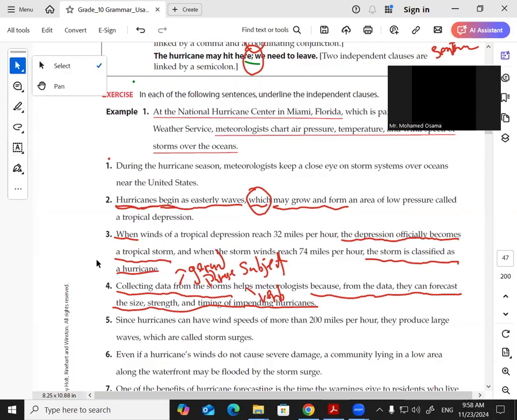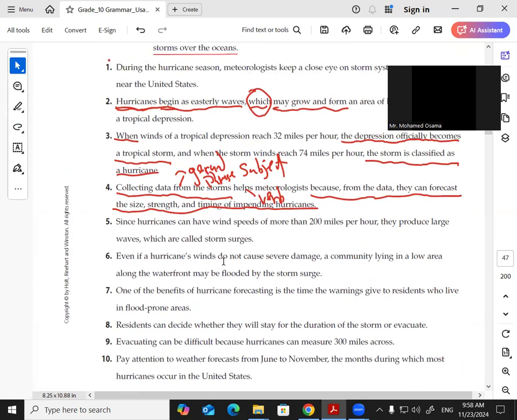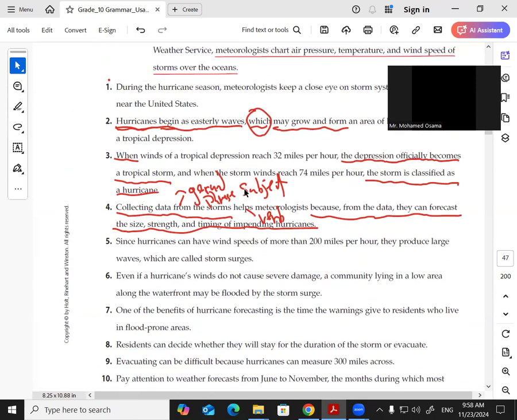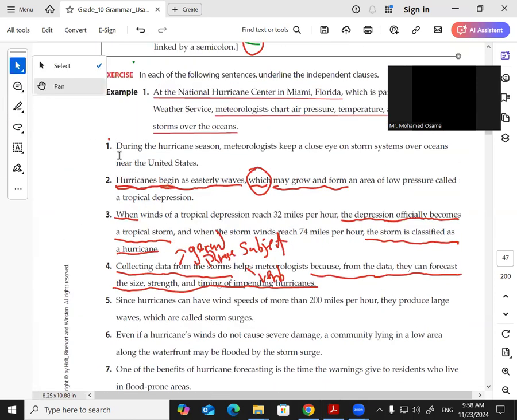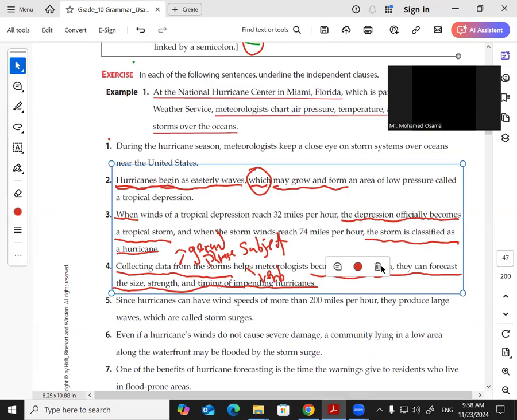So the complete thought here is collecting data from the storms helps meteorologists. Okay, just need to erase this. Okay, erase it. Yes, thank you.